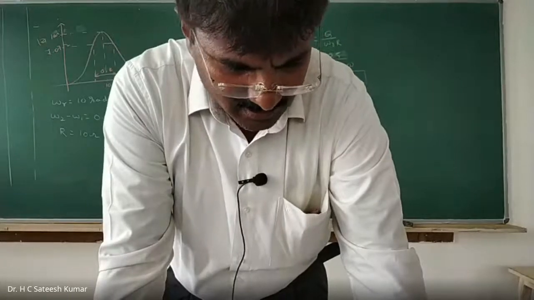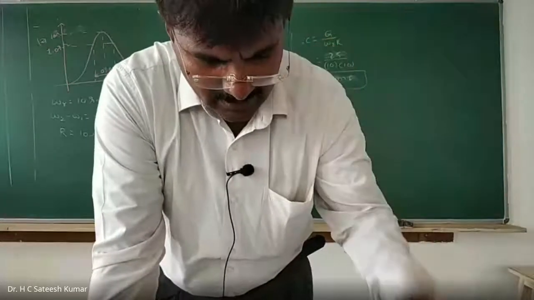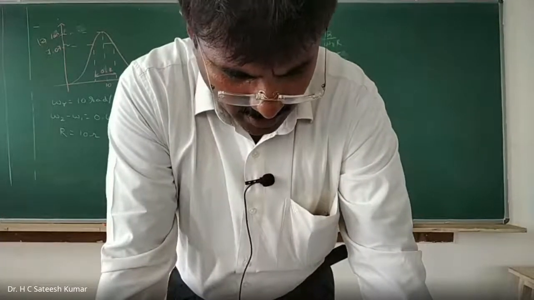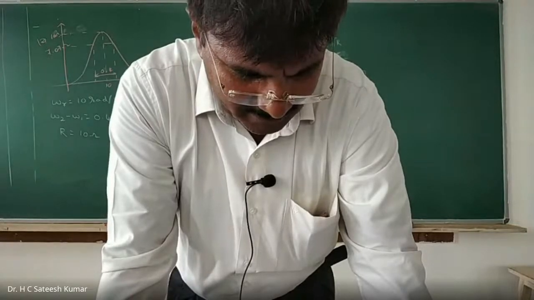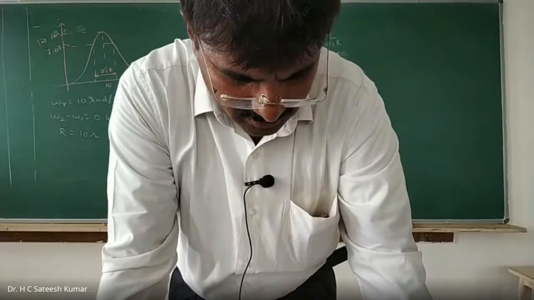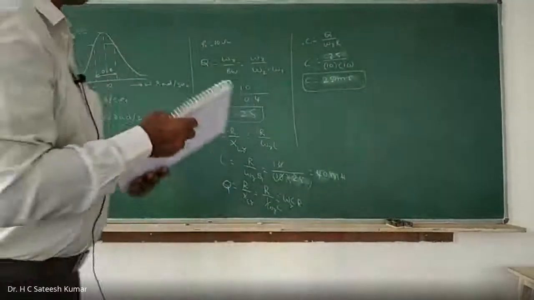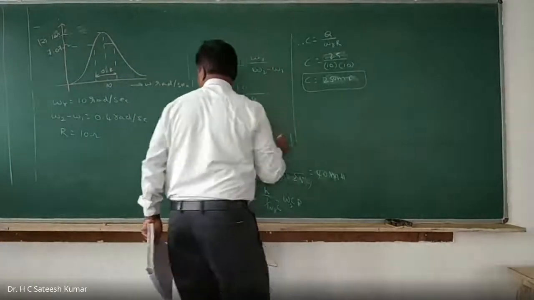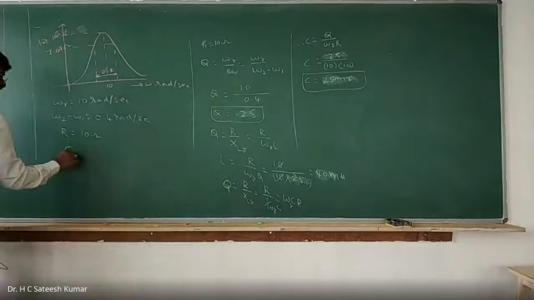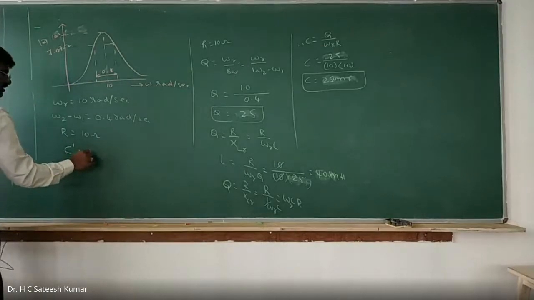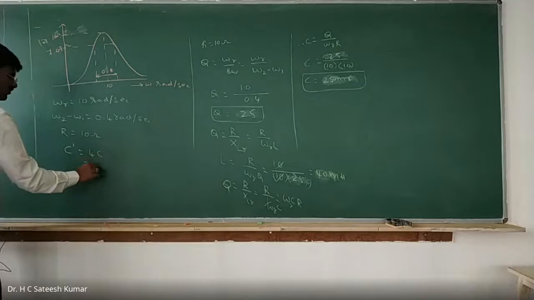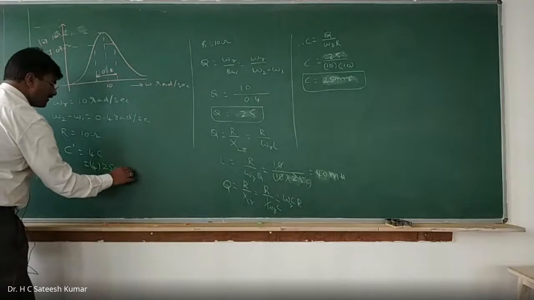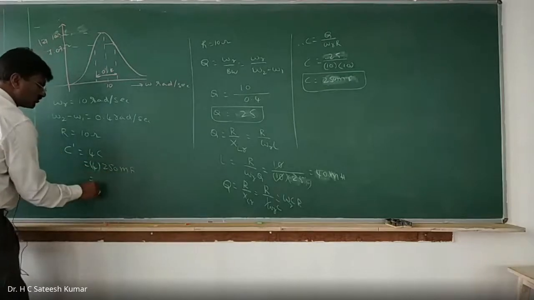In this problem, he has extended it like this. If the C is increased by 4 times, what is the value of omega r and bandwidth? Now the question is: if C, that is C dash, is increased by 4 times, 4 into 250 millifarad, how much is this? 250 into 4 is 1000 milli, so 1 farad.